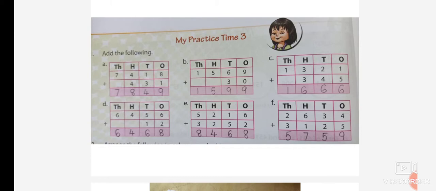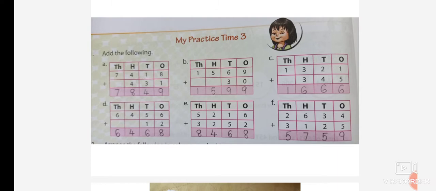A sum is 7,418 plus 431. So when we add, 8 plus 1 is 9, 1 plus 3 is 4, 4 plus 4 is 8, and as there is no number below 7, we consider it as 0.